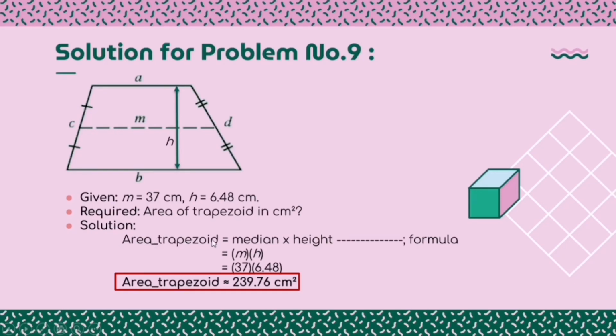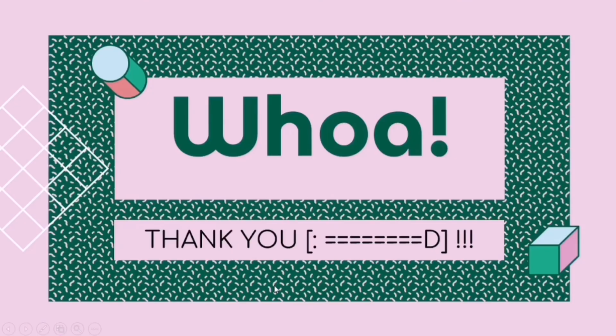The solution: area of trapezoid equals median times height, the formula m times h. 37 times 6.48 equals approximately 239.76 square centimeters.